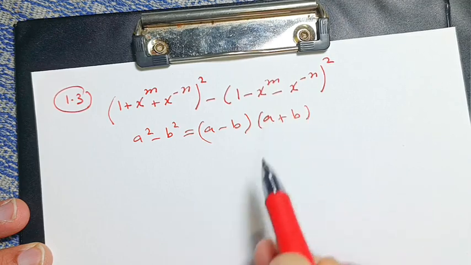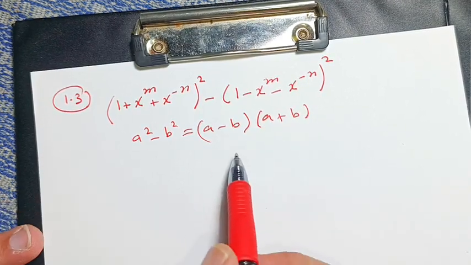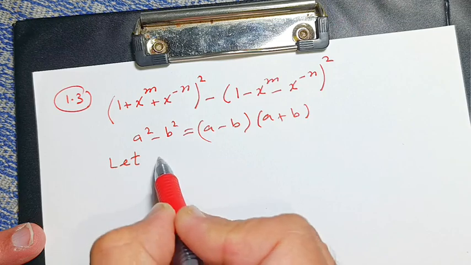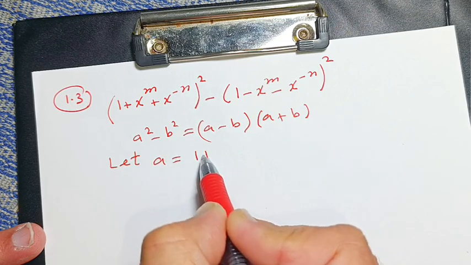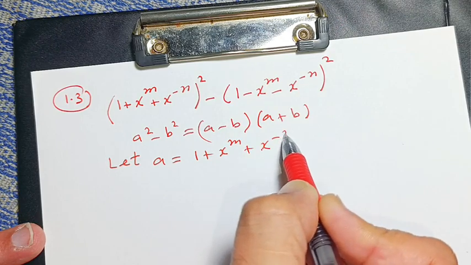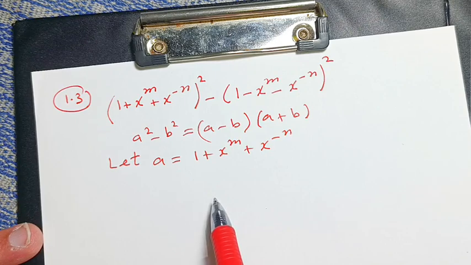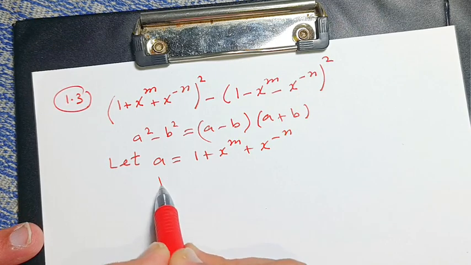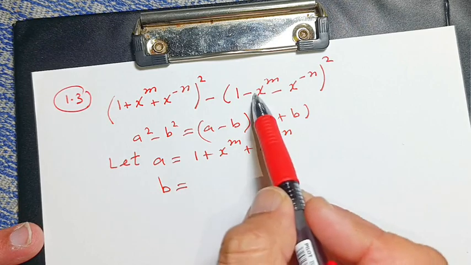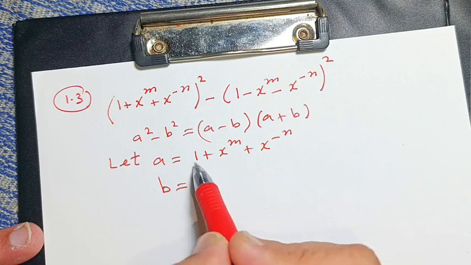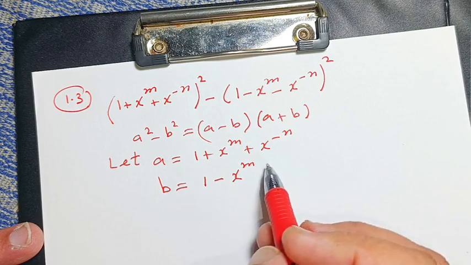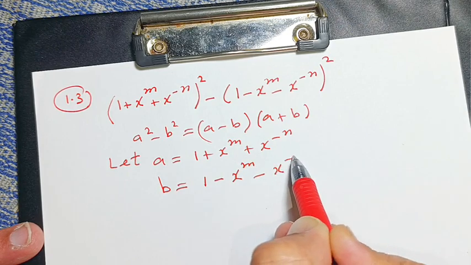Now let a be equal to 1 plus x power m plus x power negative n, and b is equal to this one, 1 minus x power m minus x power negative n.